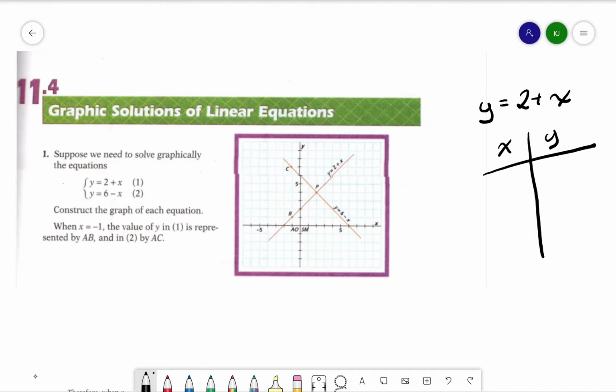The first one that they give us here is if x equals -1, the value of y is represented by AB. So we can already see that if x equals -1, y is also going to equal -1, because -1 plus 2 is going to get you -1.